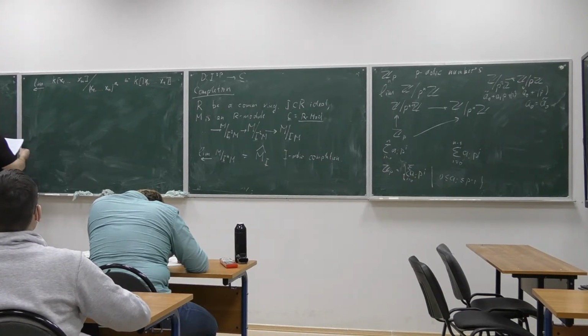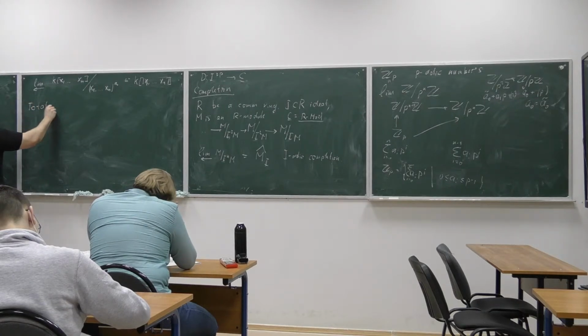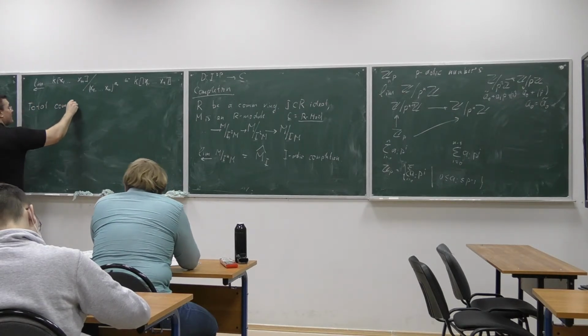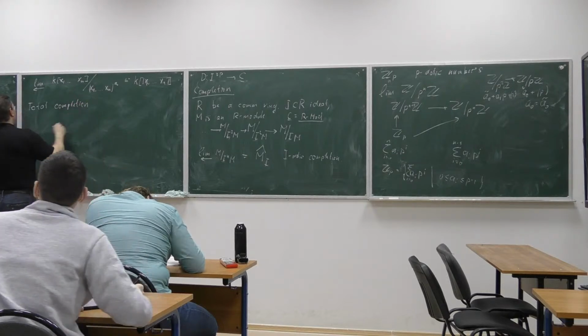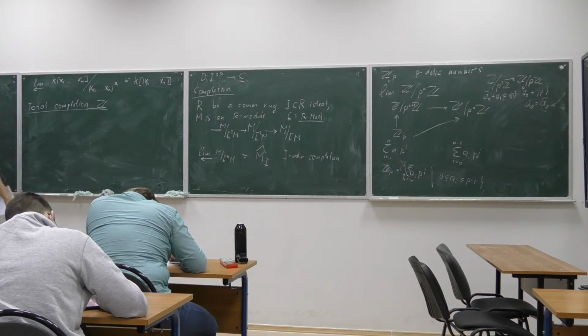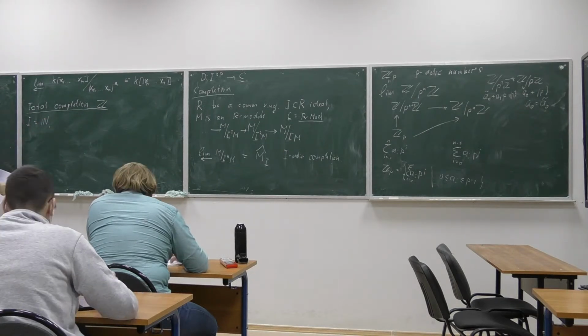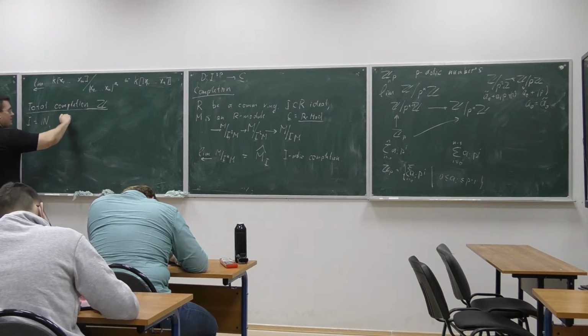Regarding completions, there is one more example, the total completion. Well, the total completion of Z, let's say. We can do this in general, but for Z it's already interesting. So here I, as before, is the set of natural numbers, but the preorder relation is a little bit different.